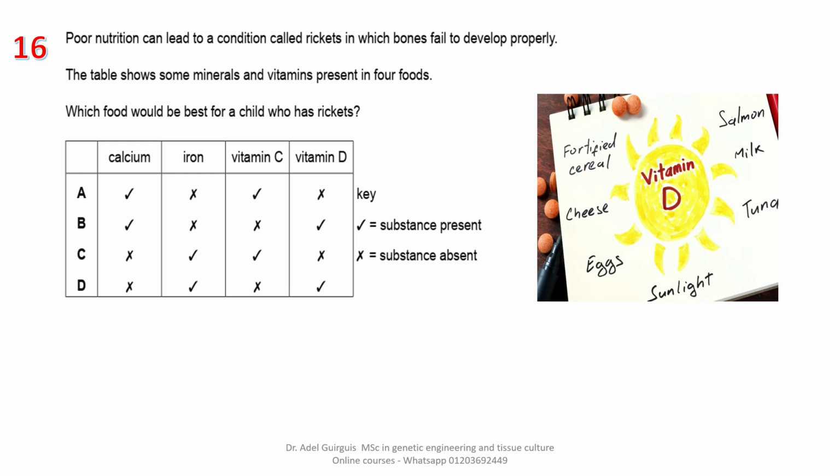Even if this child takes a good source of calcium, he is still affected by rickets if he is not subjected to direct sunlight, where vitamin D is stored underneath the skin, in fatty tissue, in an inactive form.